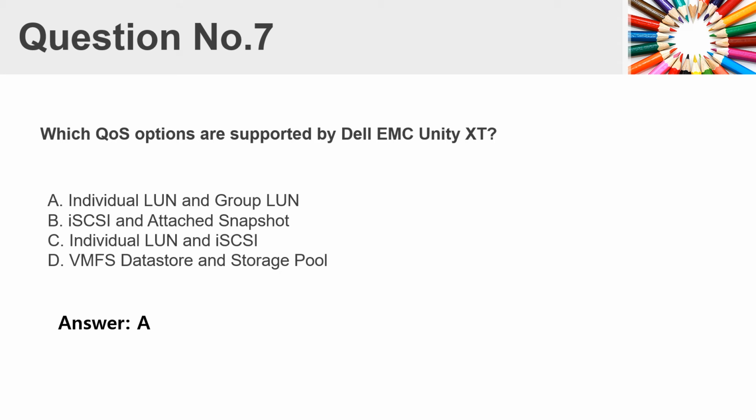Which QoS options are supported by DELL EMC Unity XT? A. Individual LUN and group LUN. B. iSCSI and attached snapshot. C. Individual LUN and iSCSI. D. VMFS datastore and storage pool. Answer. A.